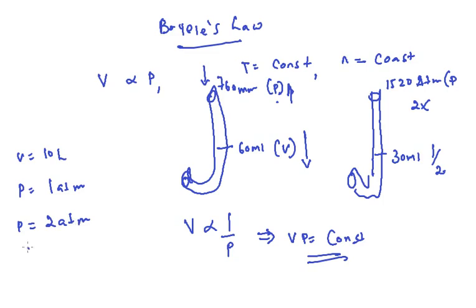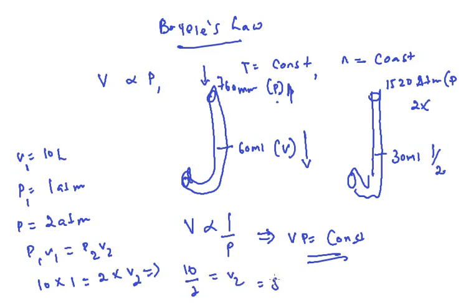So P1 V1 equals P2 V2. P1 V1 is 10 times 1, and for P2 V2, the pressure is twice, so V2 is going to be 10 divided by 2, which is 5 liters.